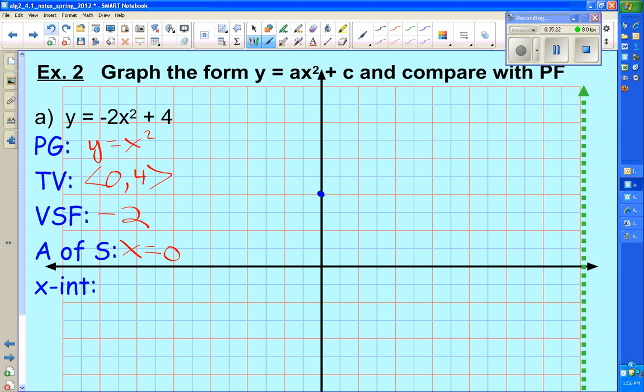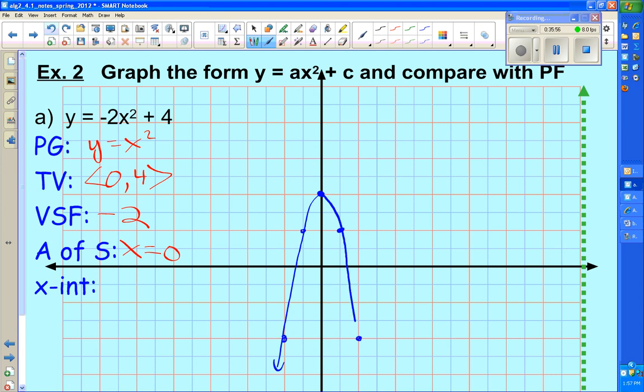From our new origin, the parent graph would tell you to go right 1, up 1. We have a vertical stretch of negative 2. We're going to go right 1, down 2. From the new origin, in the parent graph, we would normally go right 2, up 4. We're going to go right 2, down 8. Then we're going to go left 1, down 2, and left 2, down 8. And we're going to get this graph.